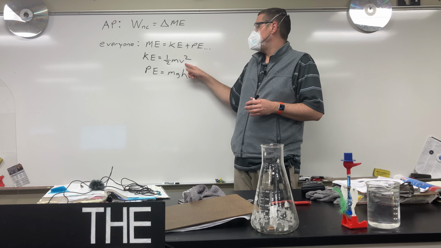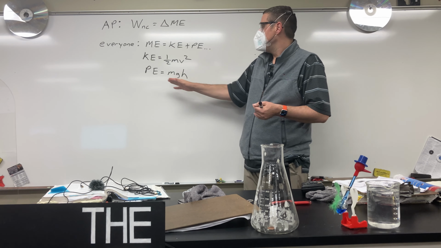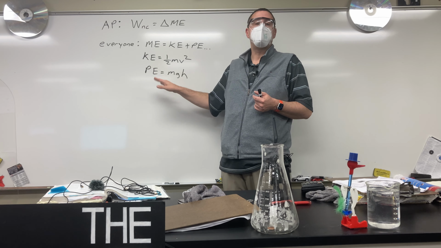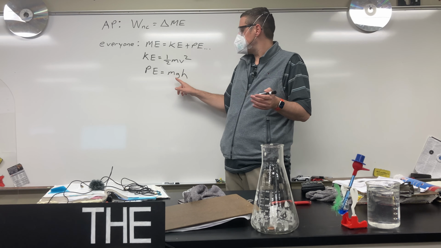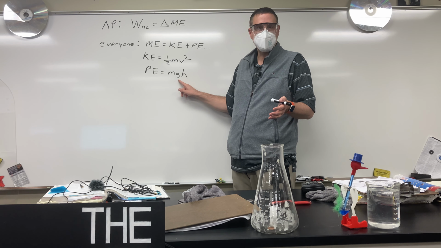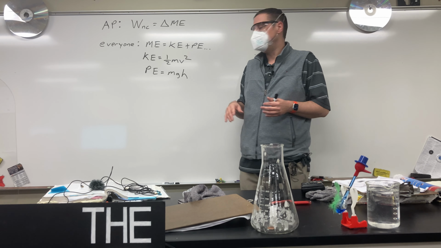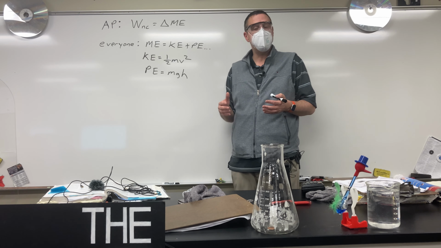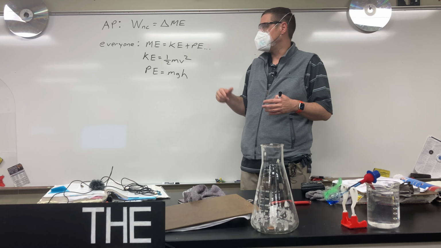So how fast the object's moving squared times its mass times 1/2, that'll give you its kinetic energy. Potential energy, more specifically gravitational potential energy, will be the mass of the object, if we're near the surface of the Earth, multiplied by 9.8 meters per second squared, and then the height you are above whatever you call 0. And if you call the lowest point in your problem a height of 0, this will always be positive, and of course this will always be positive as well. So we're going to be dealing with positive amounts.